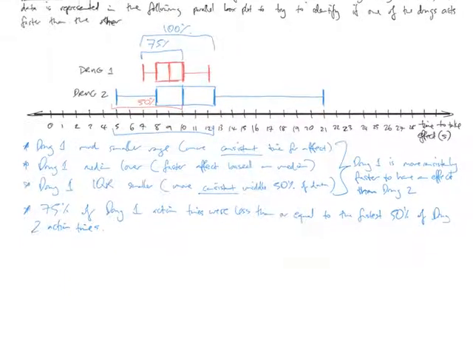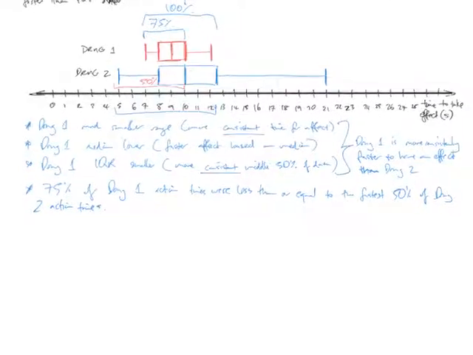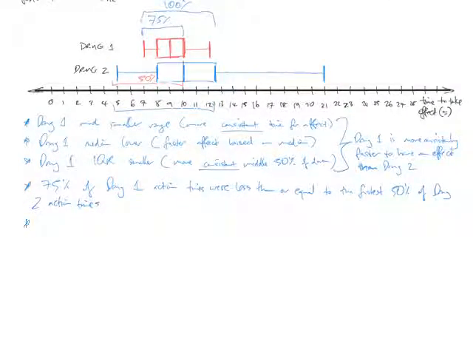So going further than that, if you wanted to talk with more detail: 100% of all the drug 1 times were still less than the fastest 75% of drug 2 action times.